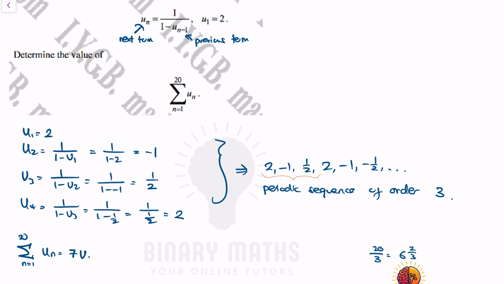So that's 7 times U1 plus 7 times U2 plus 6 times U3, which is 7 times 2 plus 7 times -1 plus 6 times a half. 14 take away 7 plus 3, which is equal to 10.